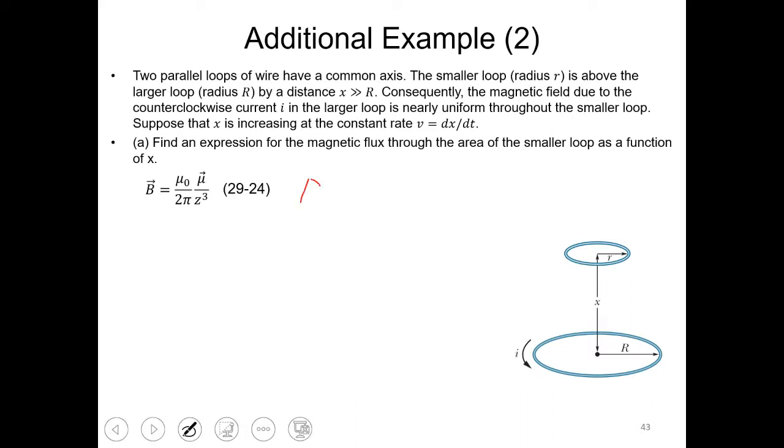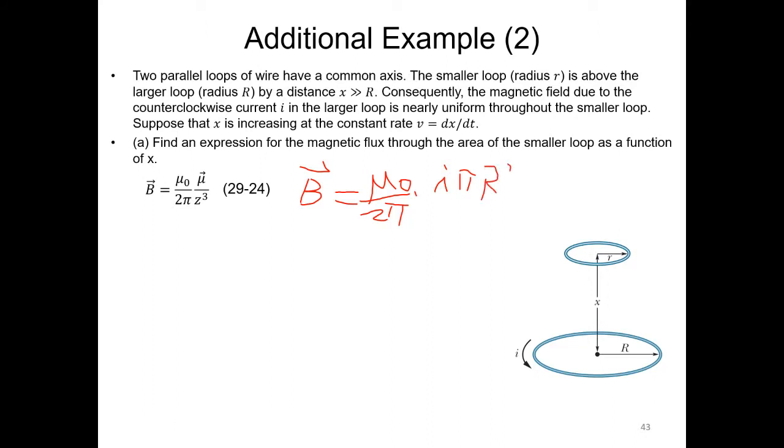So actually, B is mu 0 over 2 pi, and mu is actually I times pi r square, over x cubed.